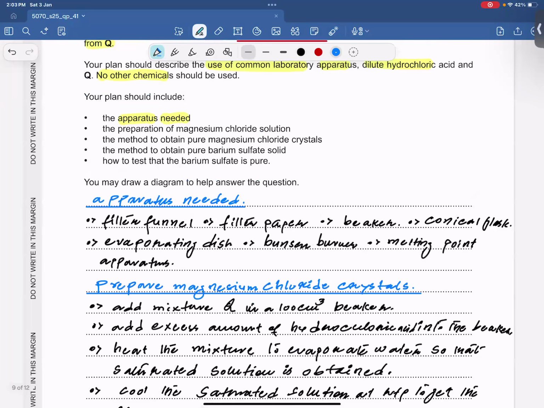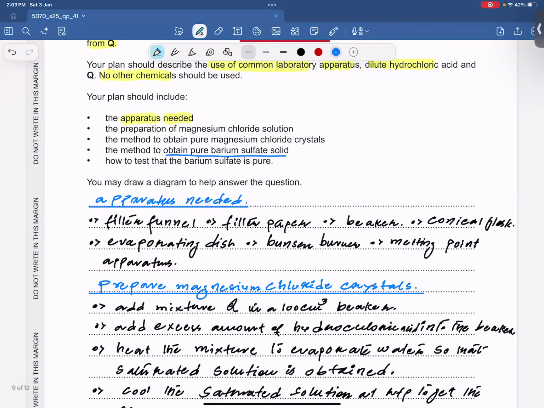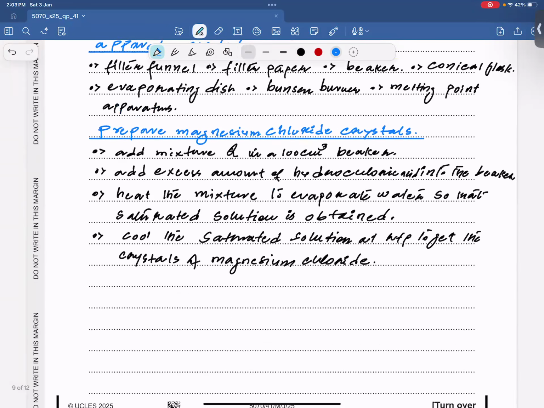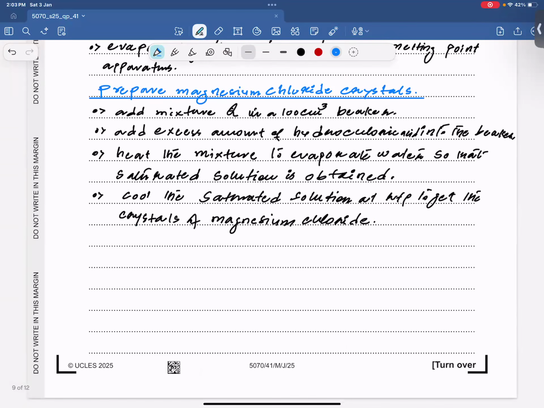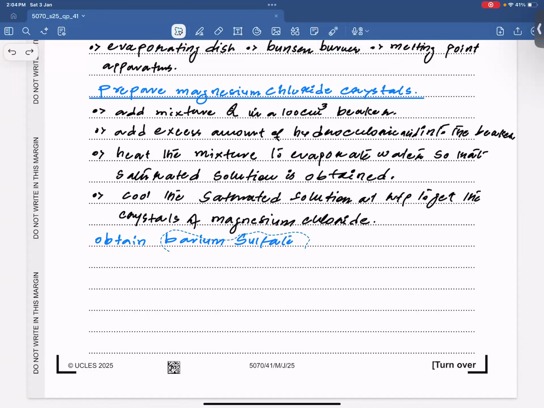Now the next is to obtain pure solid barium sulfate.